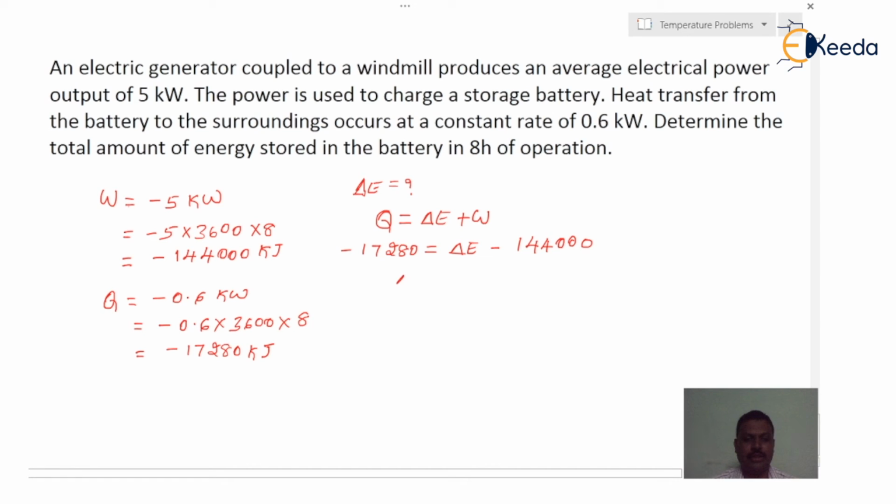So finally delta E is 1.26 into 10 power 5 kilojoules.